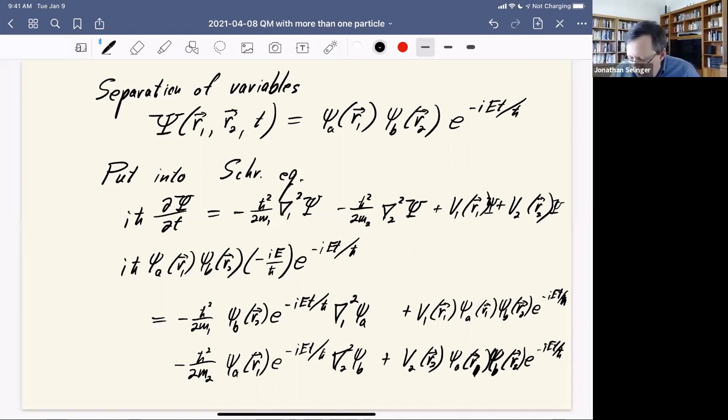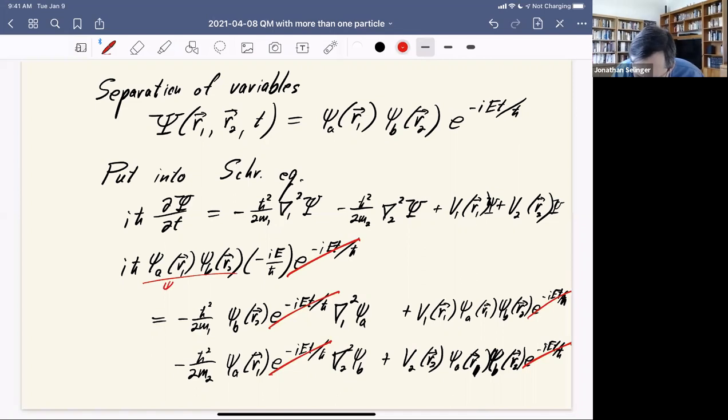Okay, now how can we simplify this? Well, for one thing, the time-dependent exponential cancels everywhere. It's the same factor everywhere. For another thing, we can use the normal separation of variables trick, where we divide every term by the product.